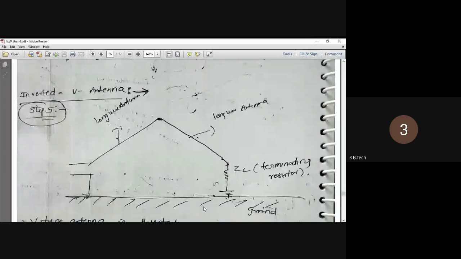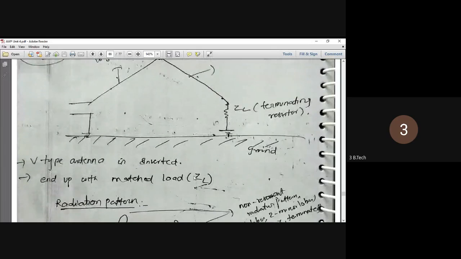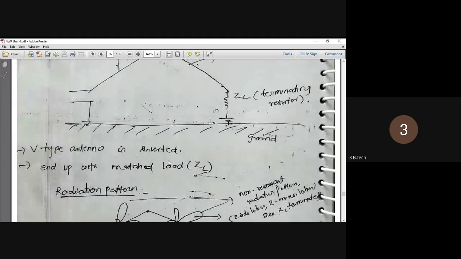So the inverted V antenna, yesterday I already told, is another type where the V antenna is inverted. Take two longer antennas, and in this V-type antenna, it is inverted. One end is given to the feed, the other end is terminated with a matched load, that is ZL also.